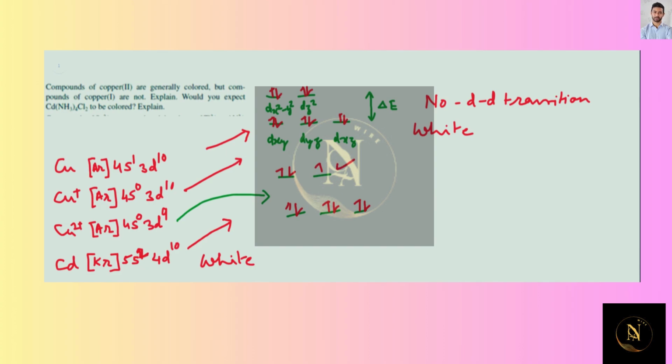When this d-d transition is possible, a part of the white light is absorbed by the substance because this energy falls in the visible part, and the remaining part is reflected by it. That reflected part is received by our eye, and the substance will be colored. So in case of copper, as we know, copper 2+ is colored, and that color is blue.